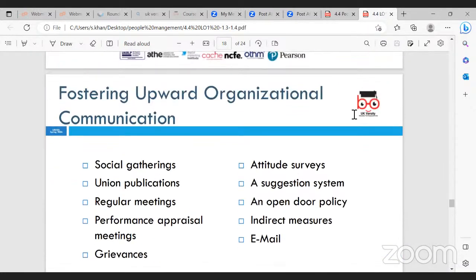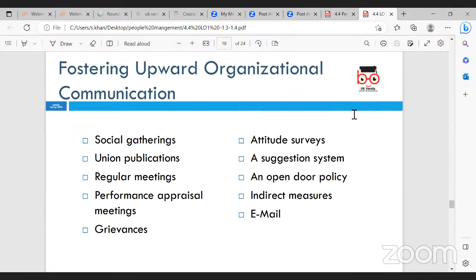Fostering organizational communication: social gatherings, union publications, regular meetings, performance appraisal meetings, grievances, attitude surveys, open door policy, indirect measures, and emails.